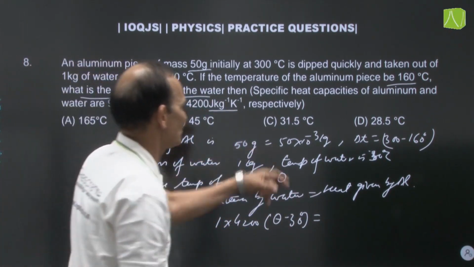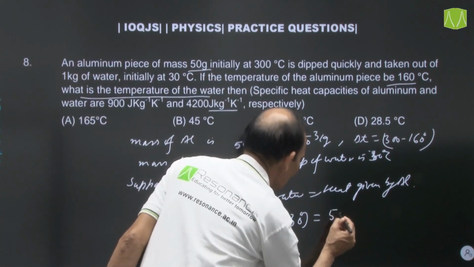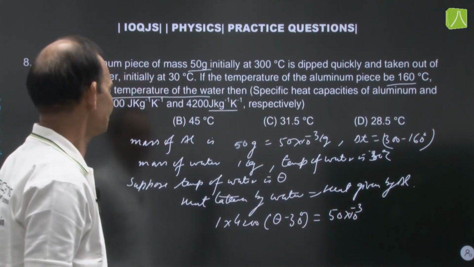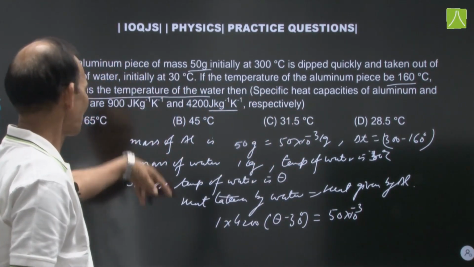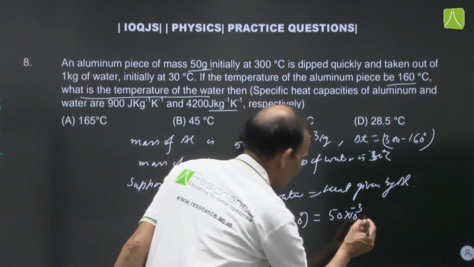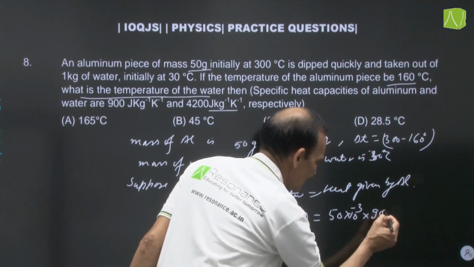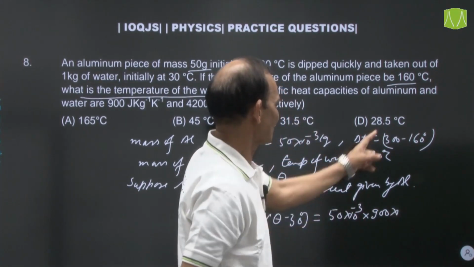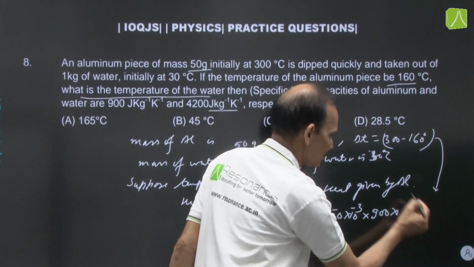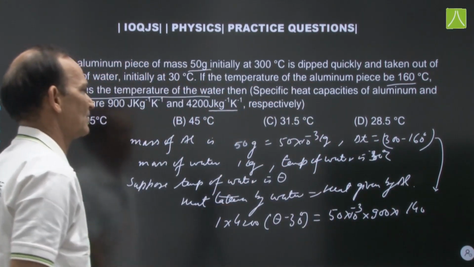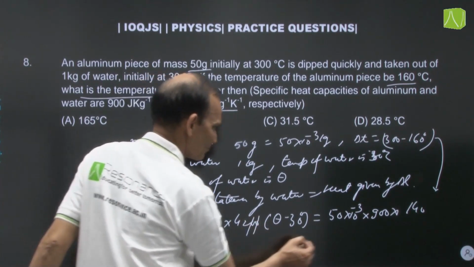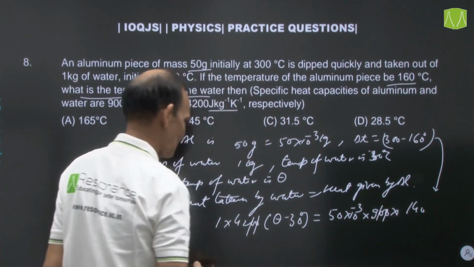The mass of aluminium is 50 into 10 raised to the power minus 3, specific heat is 900, into the change in temperature, that is 140. We have to calculate theta. You can do it easily, this cancels.